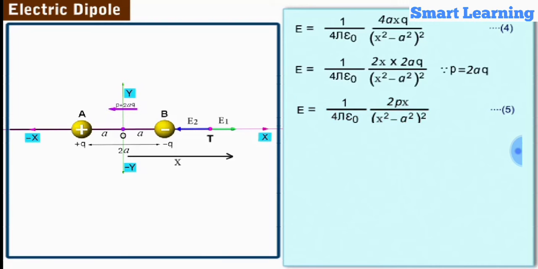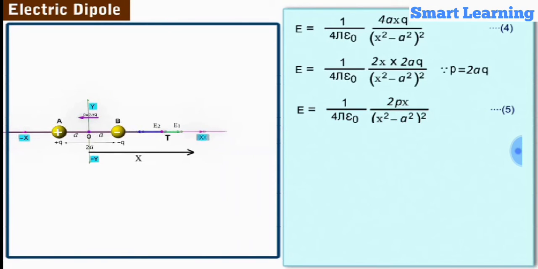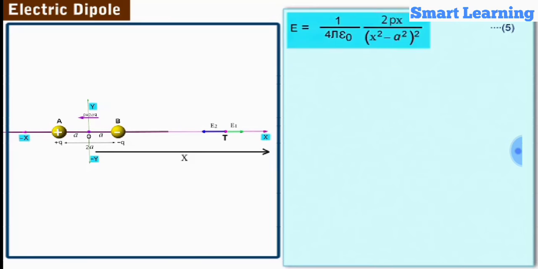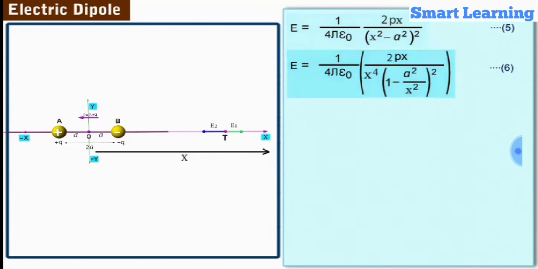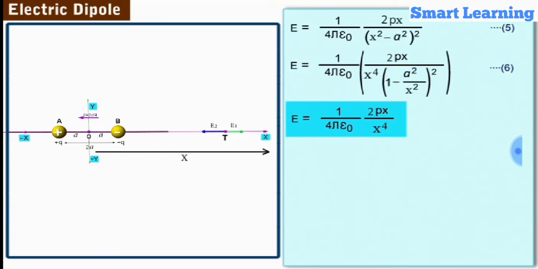When the point T is at a very large distance from center O, then x is very large compared to a. Then, writing the expression 5 as equation 6 and neglecting the term a square by x square, since x is very large as compared to a, on further simplification we get E is equal to 1 by 4 pi epsilon naught into 2px by x power 4.